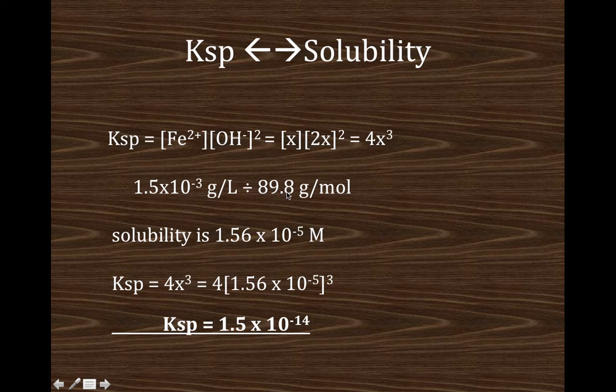So once we've done that, now we have our solubility, and that's our x and our 2x. So we see it's 4x cubed. So we plug this right in here, we cube it first, multiply by 4, and we get our Ksp. A lot of mumbo jumbo when I use PowerPoints, but I'll do some more handwritten examples at some point where things will be clear in terms of how I explain it, but less clear because it'll be my terrible handwriting.